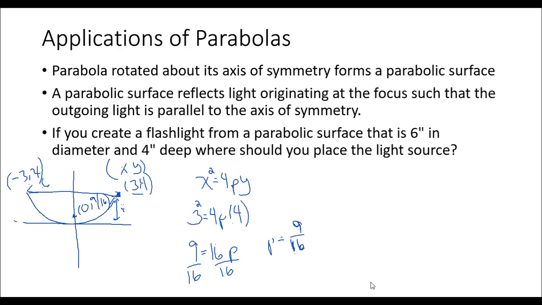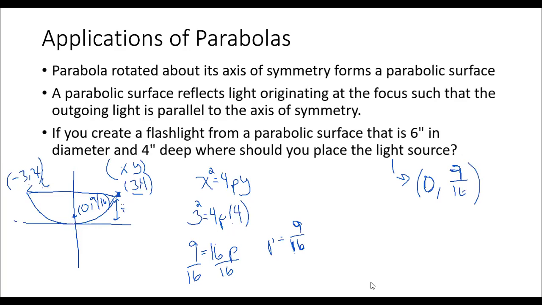Because our focus, remember, we're moving p from our vertex to our focus. So we're going to move up 9/16 from our vertex, which was 0, 0. So the light source should be placed directly above our vertex, at 0, 9/16.